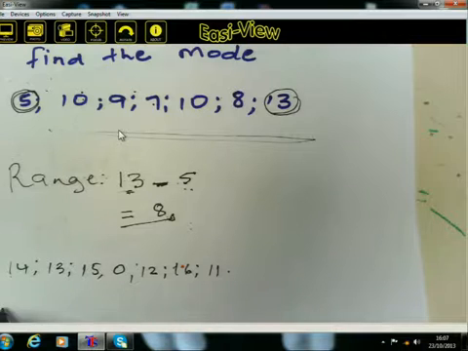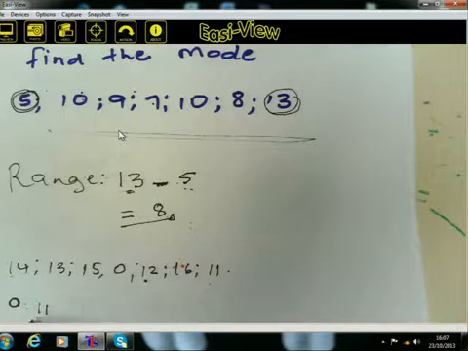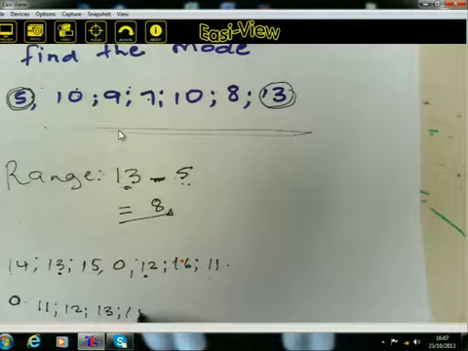Now we rearrange it. The first number is 0. Now what will be the second one? That's 11. After 11 it will be 12. After 12, 13. After 13, 14. After 14, 15. After 15, 16.